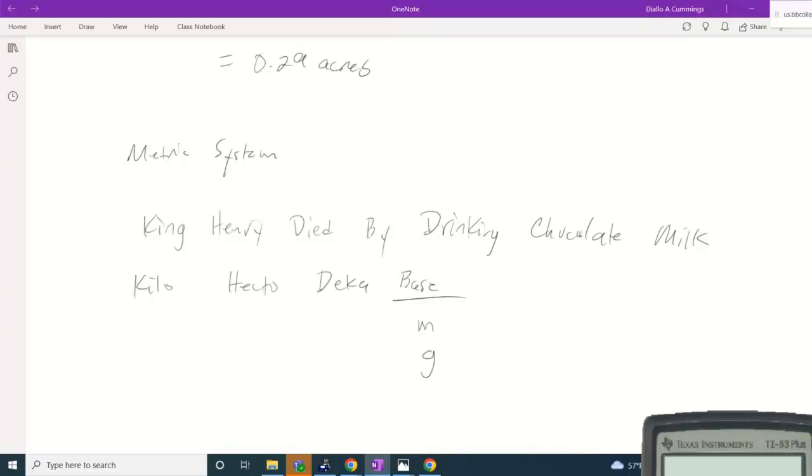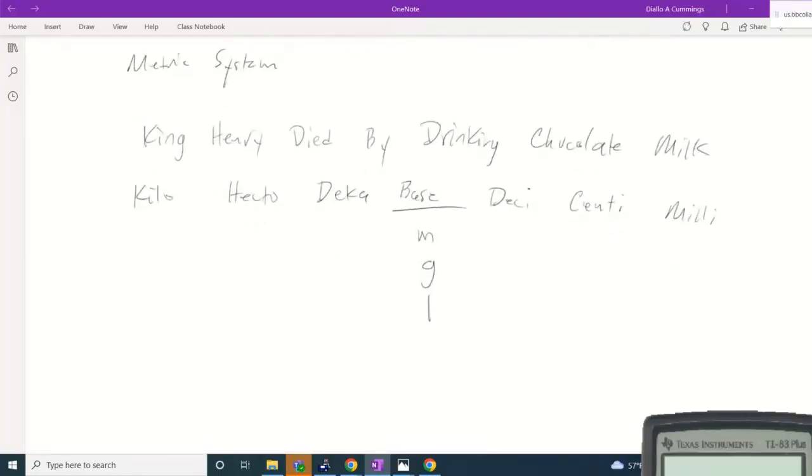Then drinking is deci, chocolate is centi, and milk is milli, M-I-L-L-I. So if you're going to convert from one unit to another, we can use these prefixes.